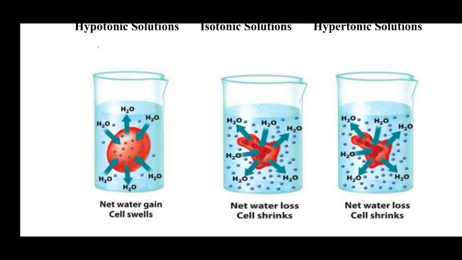So the water molecules will move from the higher concentration to lower concentration. When the water molecules move from inside the cell to the outer surrounding, the amount of water inside the cell will be less, so it will ultimately make the cell shrink. So there will be net water loss and the cell will shrink.